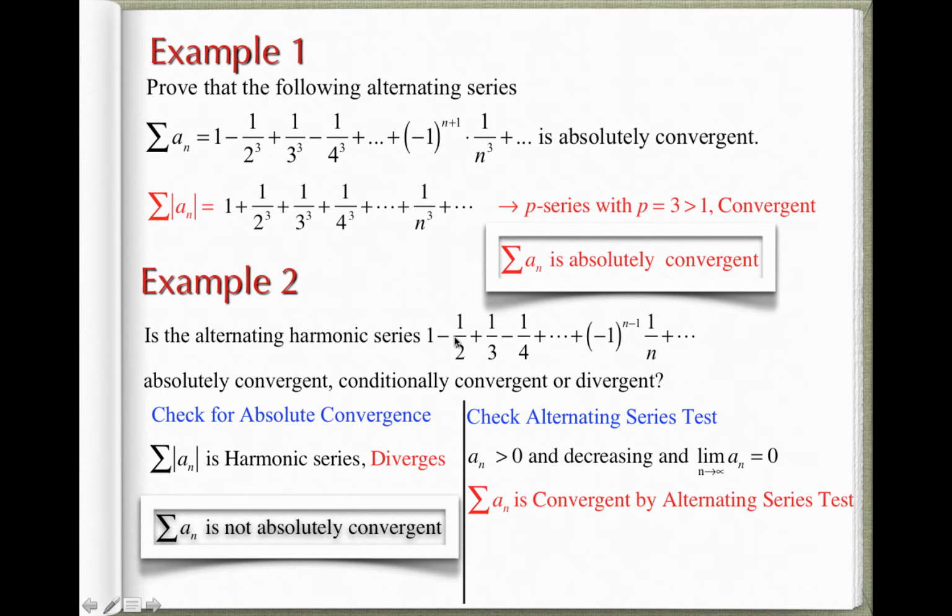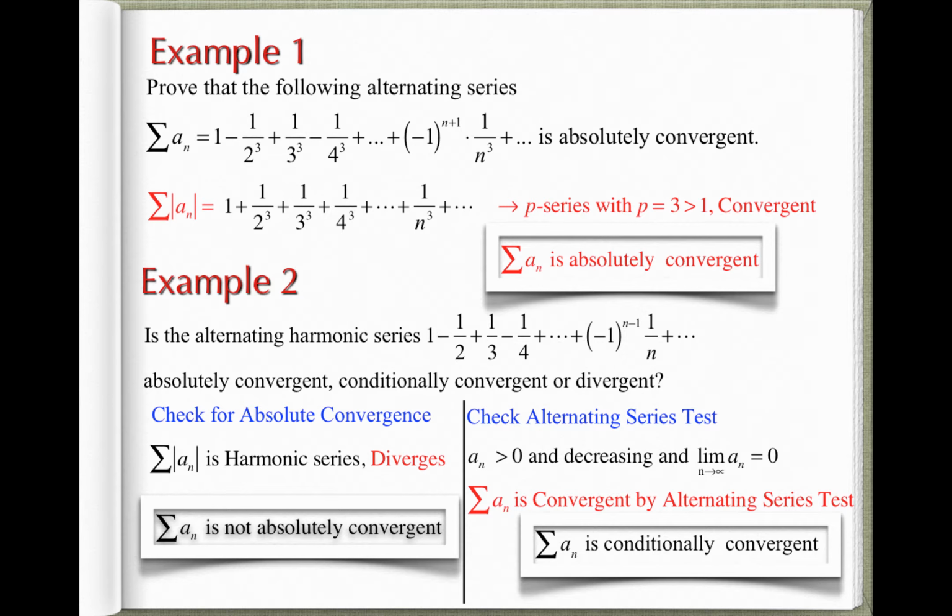Well, we clearly have that my terms are decreasing, and then from there we have that the nth term is equal to 0. So sure enough, this particular infinite series is convergent, and so we would call it conditionally convergent.